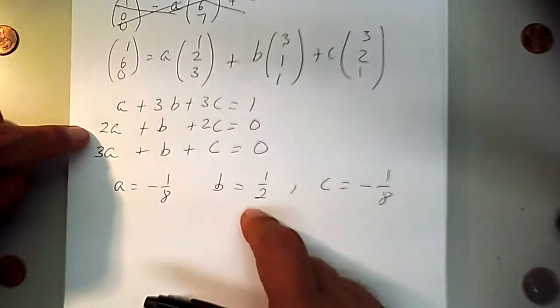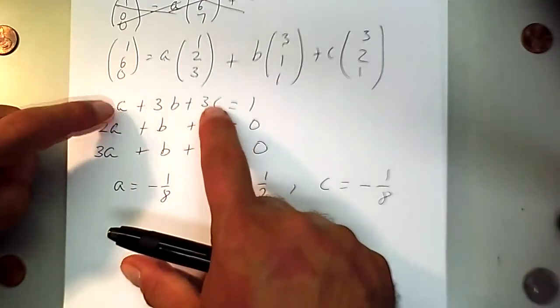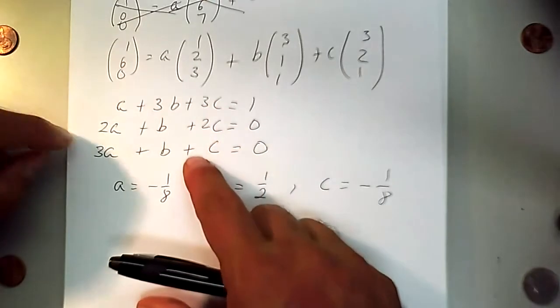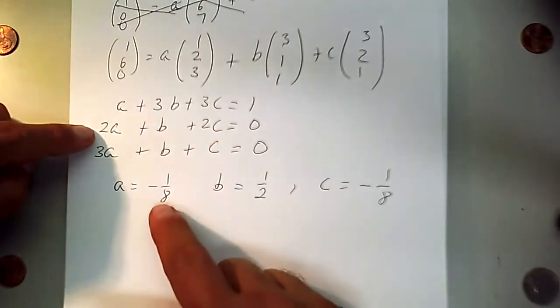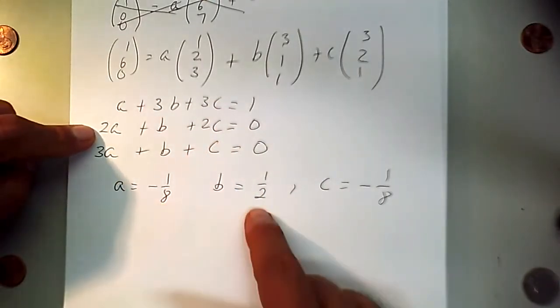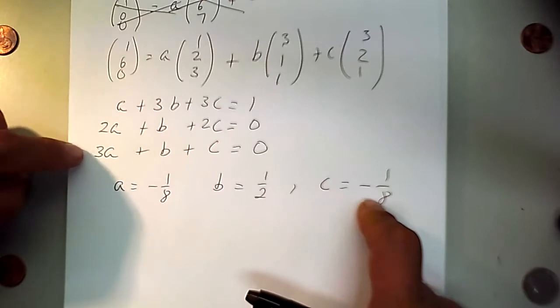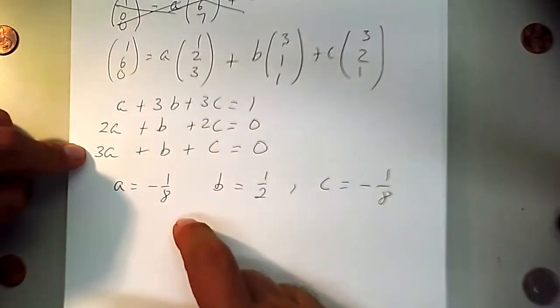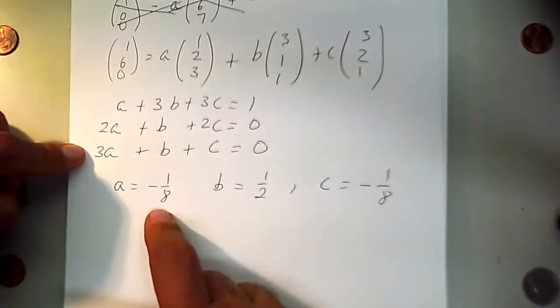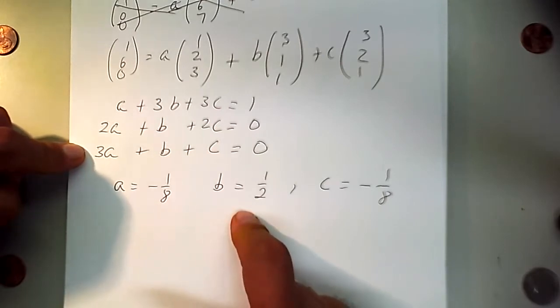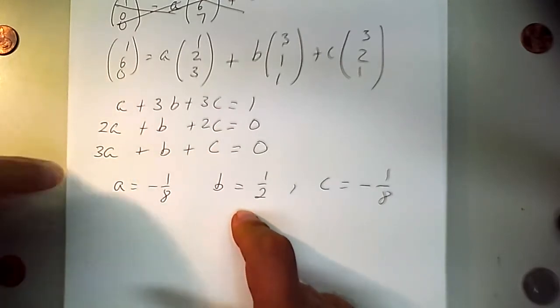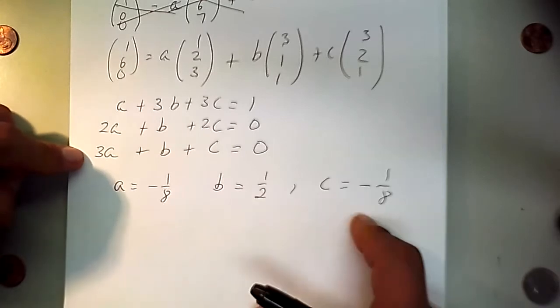That seems to work, because then we subtract 4/8, which is a half. Negative 1/4 plus a half is a quarter, minus a quarter, that works. So the second equation works. Negative 3/8 plus a half is 1/8, minus 1/8 equals 0.